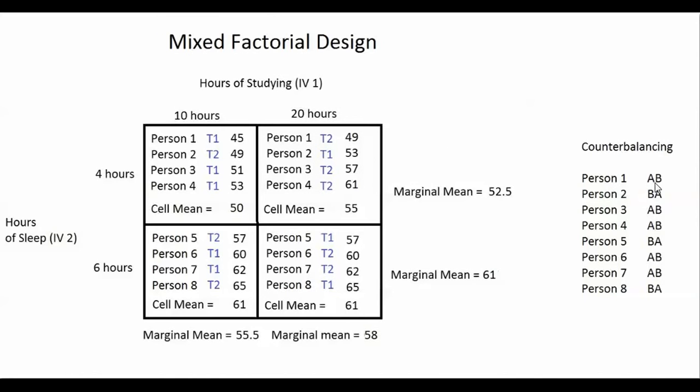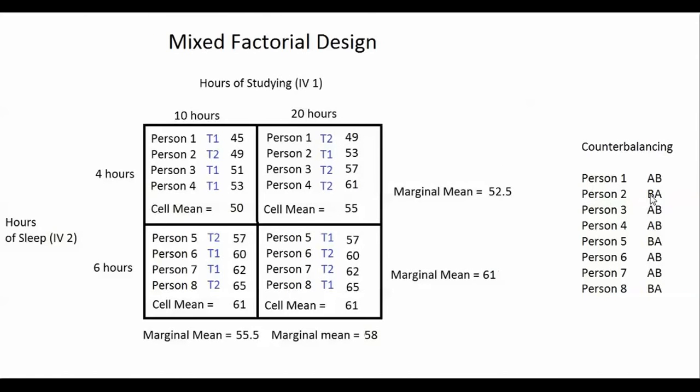So here's the counterbalancing that I used in this experiment right here. 10 hours is condition A, 20 hours is condition B. Person 1 was assigned to the A-B order because they had 10 hours at time 1 and 20 hours at time 2. So for person 1, this score was recorded at time 1. This score was recorded at time 2.